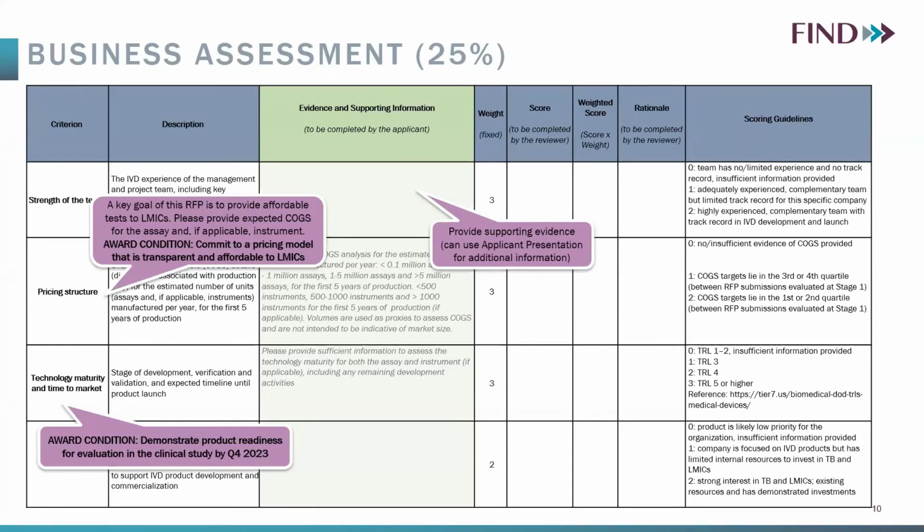Something to highlight is that a key goal of this RFP is to provide affordable tests to LMICs. So please provide your expected COGS for the assay, and if applicable, your instrument. It is an award condition that you will commit to a pricing model that is transparent and affordable to LMICs.